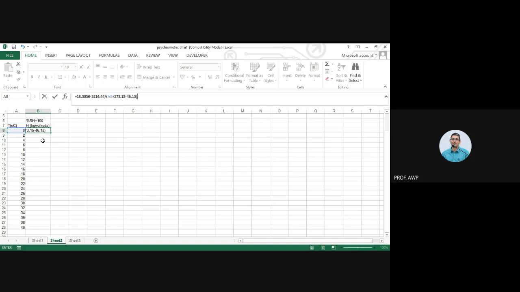Make sure we put proper brackets in the denominator. So this is going to give us ln vapor pressure, right? And then we can take e raised to this number. That will give us vapor pressure.